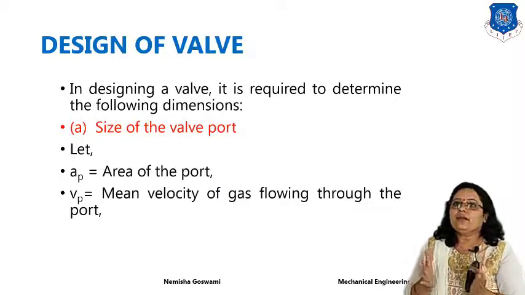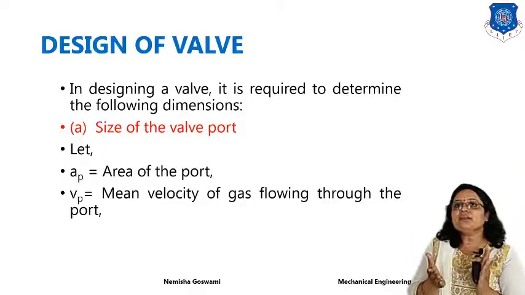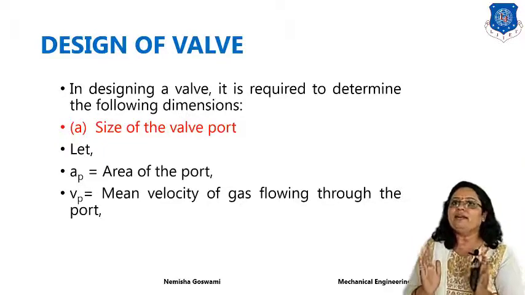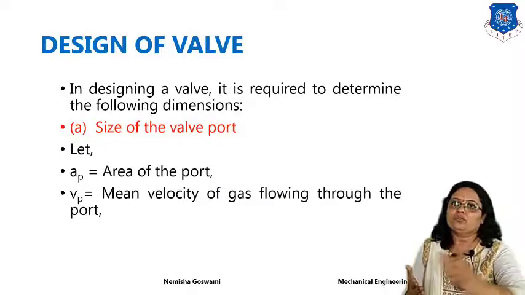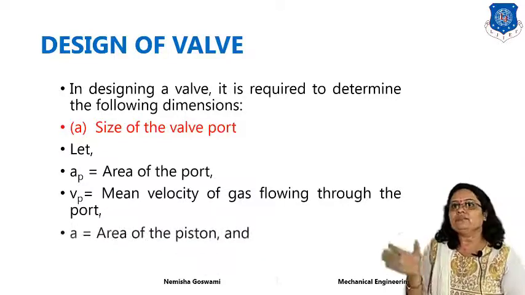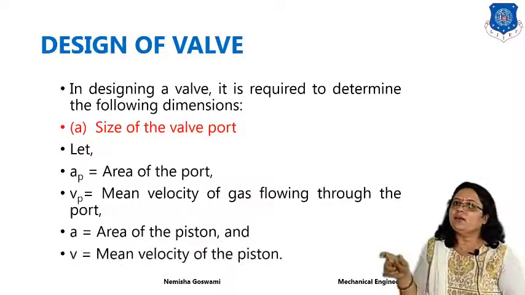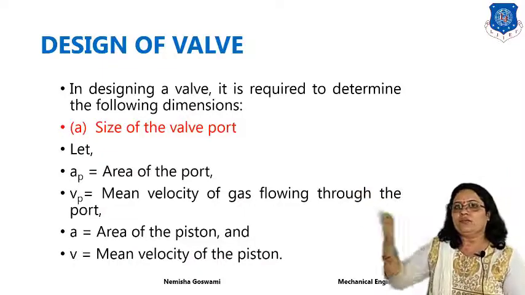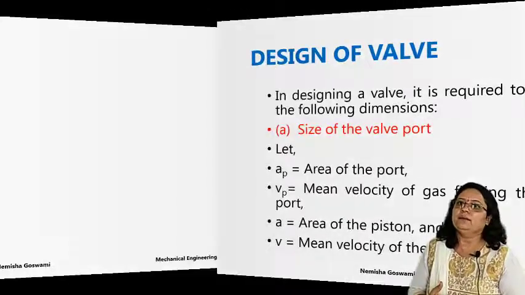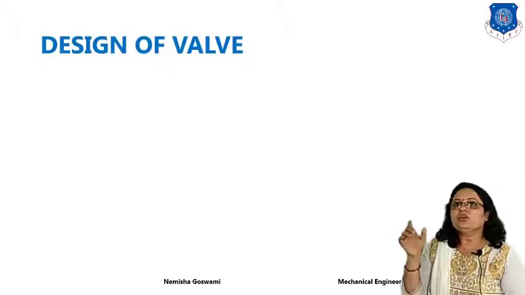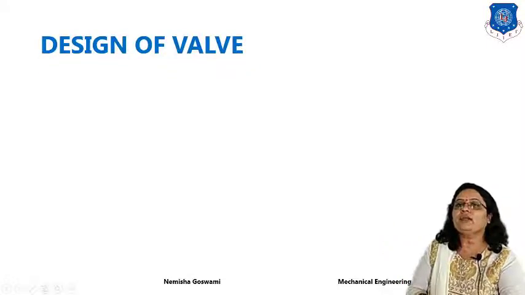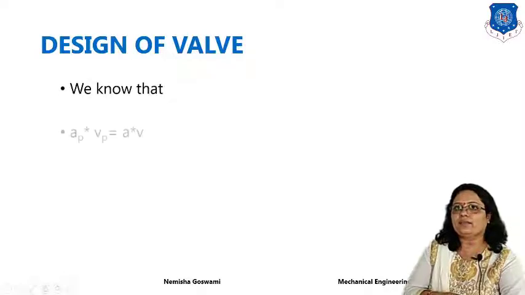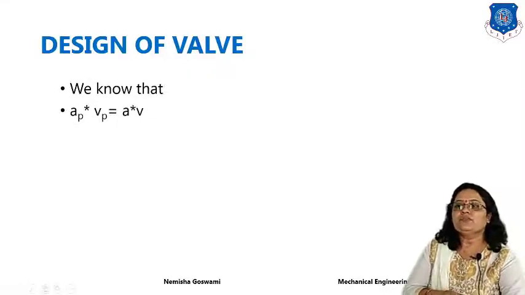Whatever amount of discharge is available from your piston, that discharge of fluid goes through your valve port. That's why we have to consider here the area of the piston and the mean velocity of your piston in meter per second. By equating the discharge, the discharge of the port and of your piston should be equal.